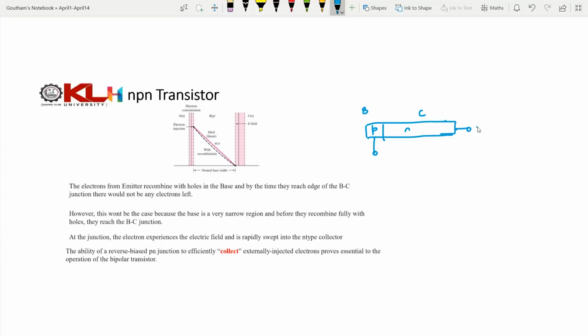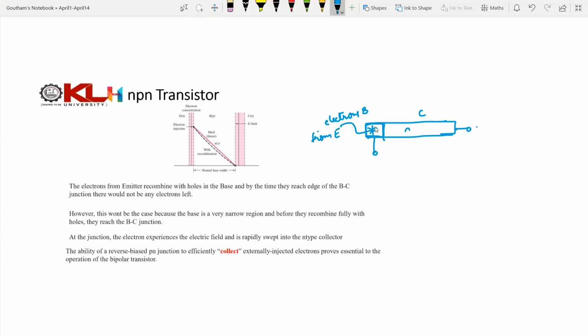Okay, right, so what is this base region experiencing now? It is experiencing an injection of negative charge carriers or electrons, right? So the base is getting electrons from the emitter region, right?